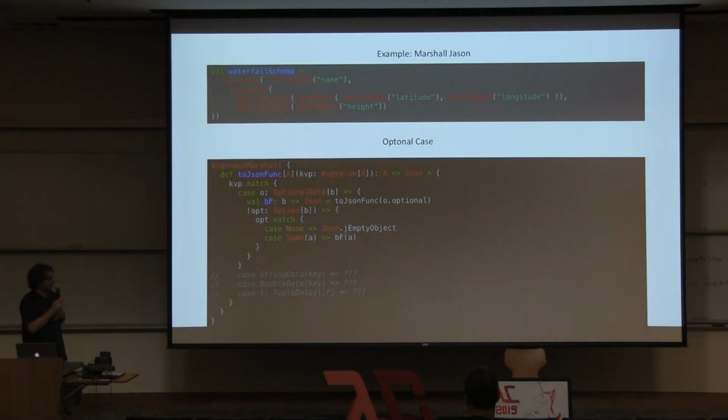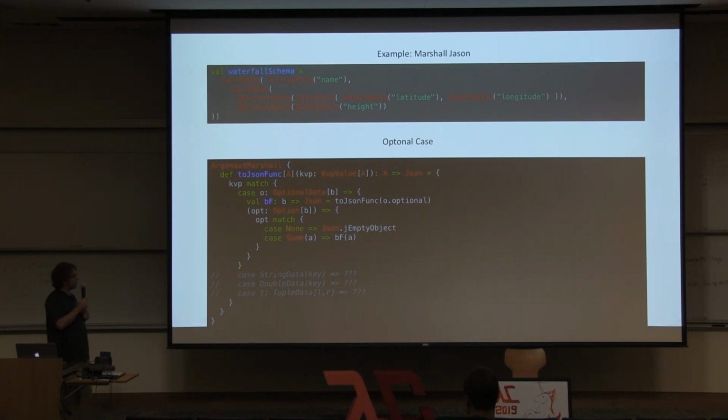So now we're going to pattern match on optional data. The first step is we're going to recursively call this toJSON function with the wrapped KPP value type. And as you can see, this is our type B to JSON. And then we're going to create a function. And we know it's an option of type B because that's what option data declared the type to be.